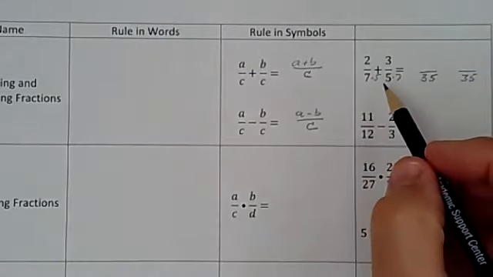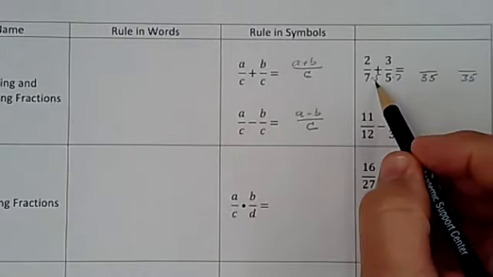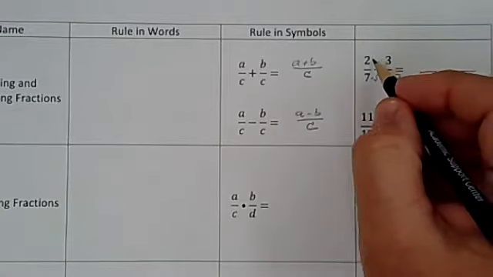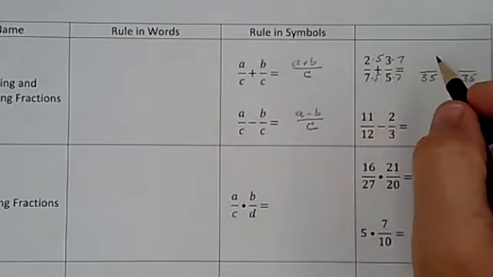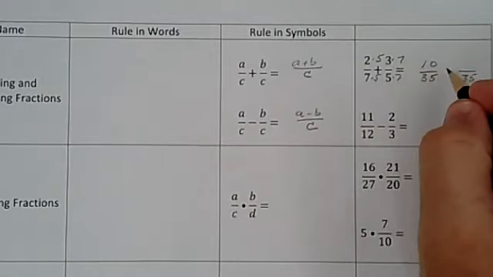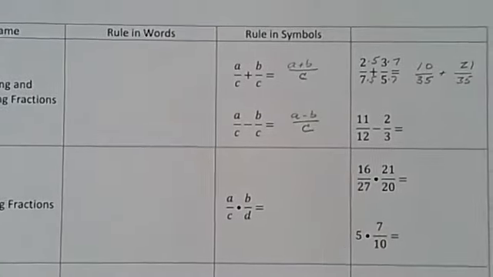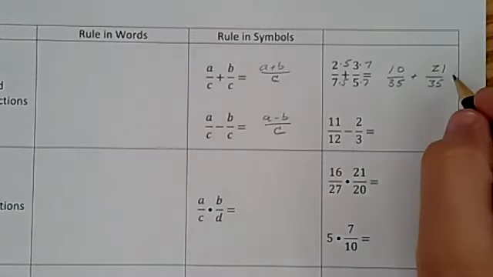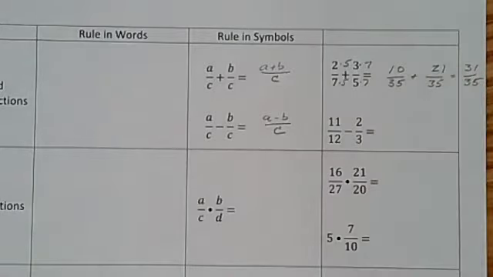In order to maintain equality, whatever we multiply in the denominator, we must also do in the numerator. Now that we have the denominators the same, we can simply add the numerators to arrive at our answer.